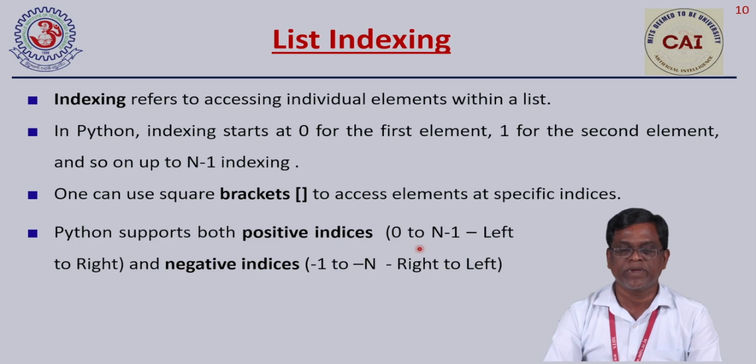Positive means it starts from 0 and goes up to n minus 1, which traverses the elements from left to right. A negative index means it starts from minus n and goes up by 1 until it reaches minus 1, the index of the last value. So here the values are scanned from right to left.